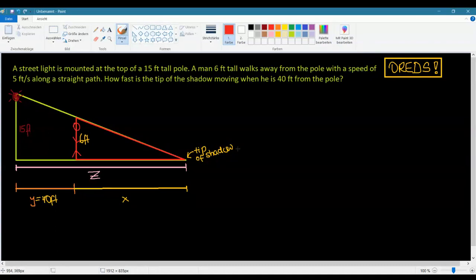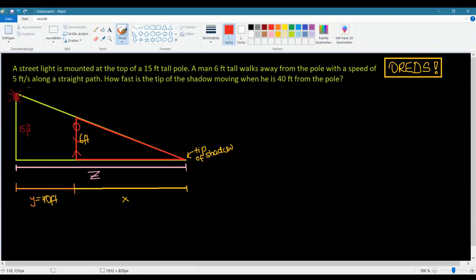Okay, so do we have anything else? Yes, we have one more given thing. We don't know this entire length here, but we need to name it something for our equation later, and I've named it Z here. I've named our unknown distance X. And I have named this chunk that we know Y.